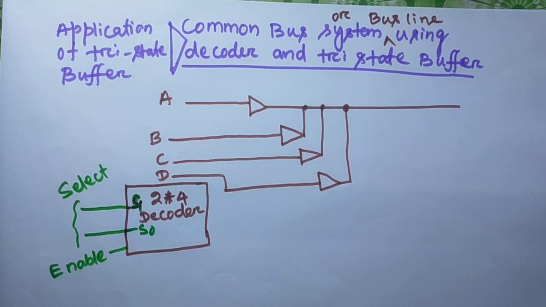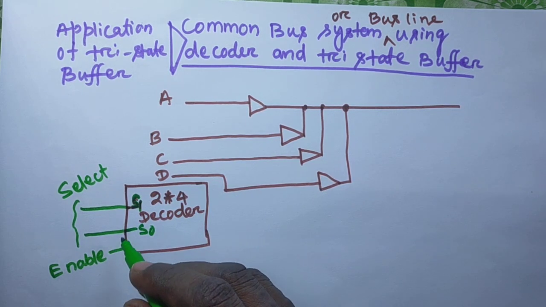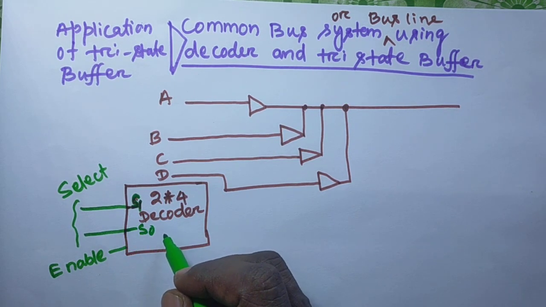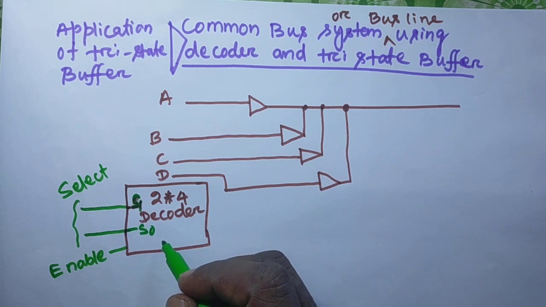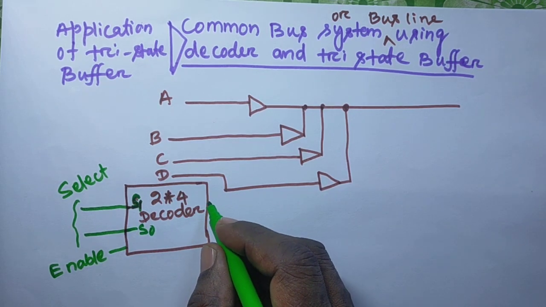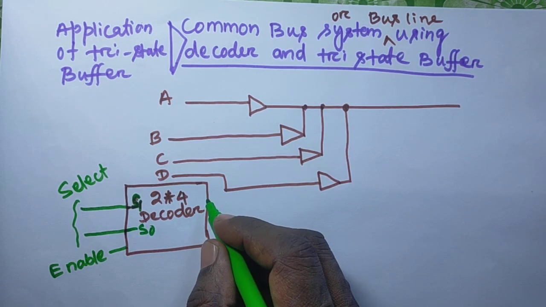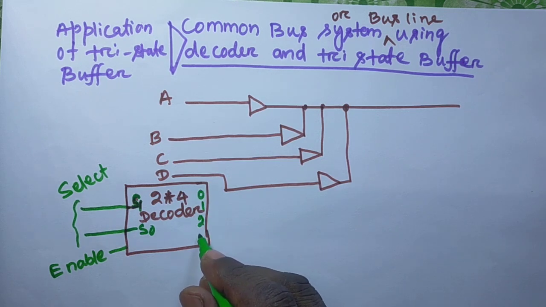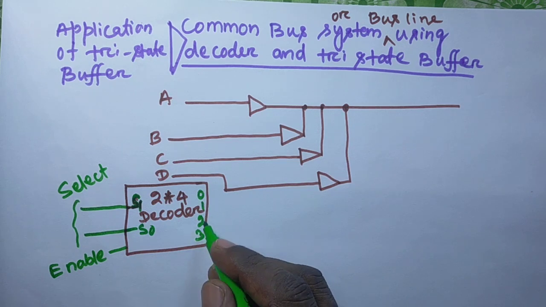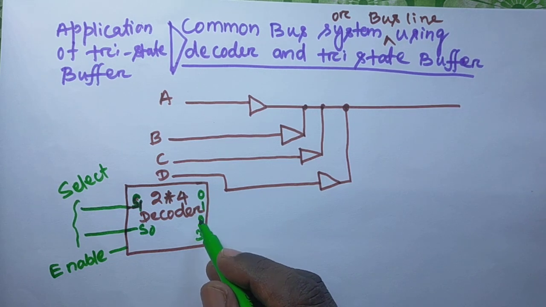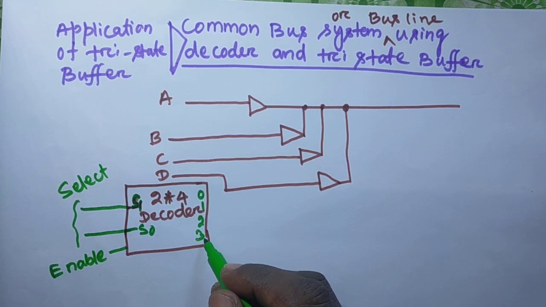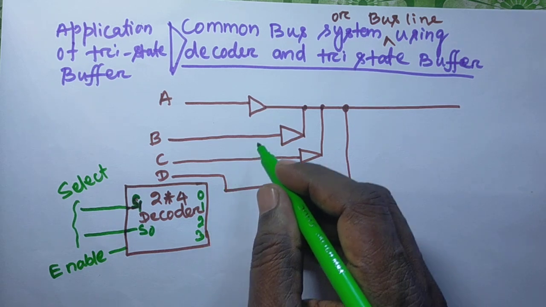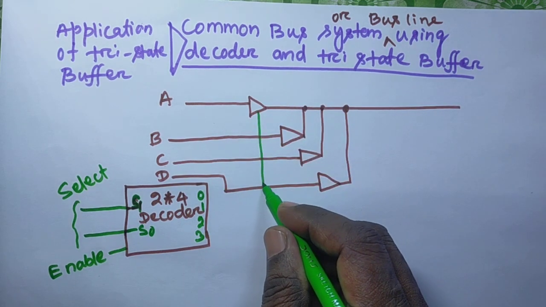Okay, 3 inputs are given to this decoder, and this decoder generates 4 outputs, 0, 1, 2, 3. Okay, and the outputs also connect to this.